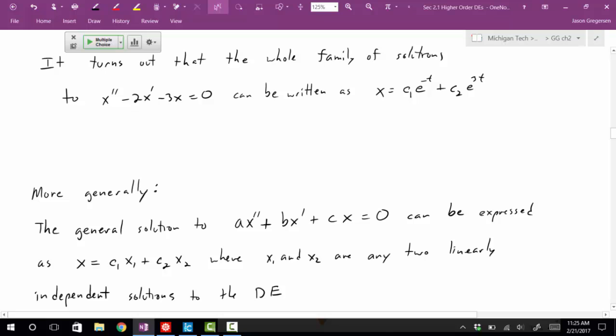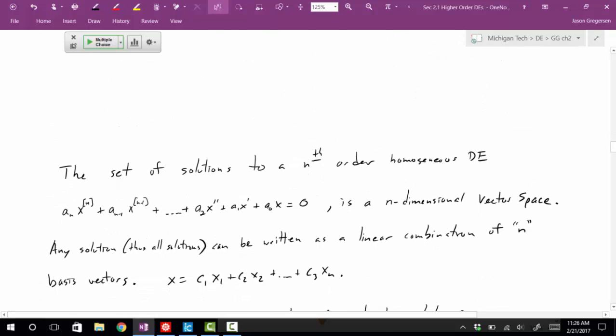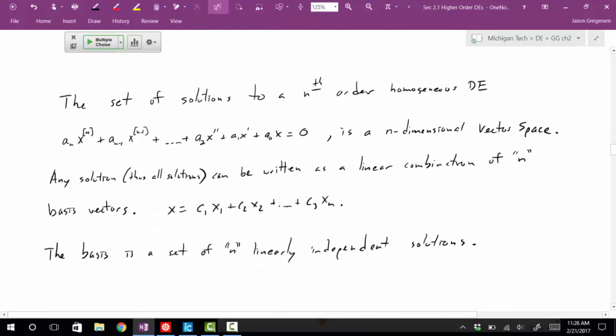Okay? And so I really want you to connect these ideas. When we say that the solutions to this differential equation form a vector space, then I can take all of my theorems, all of my properties from linear algebra, and now apply them to differential equations. And that's a pretty powerful tool. Here's the big idea. I can even extend this to higher dimensions.